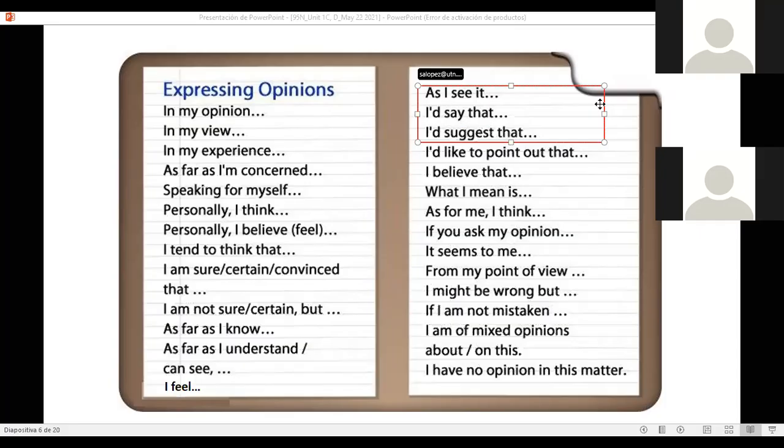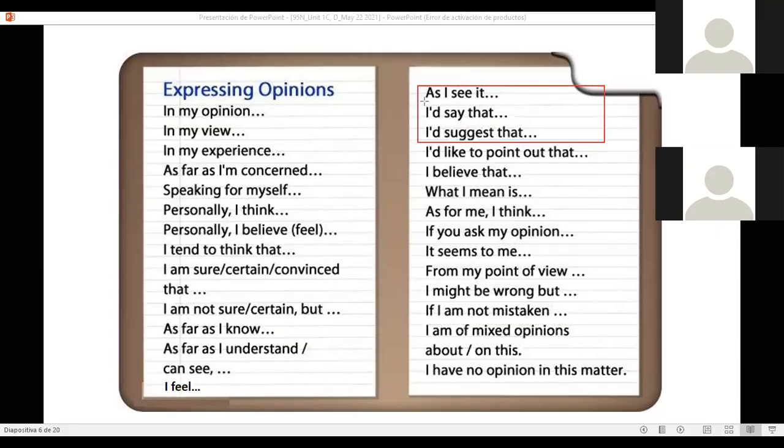As I see it, I'd say that, I suggest that. Exactly. As I see it, sí, como yo lo veo. Y la segunda tenemos I'd say that, yo diría que, and I suggest that, yo sugeriría que.